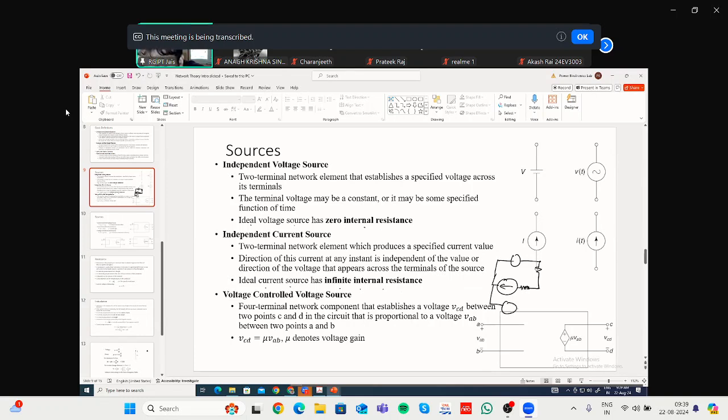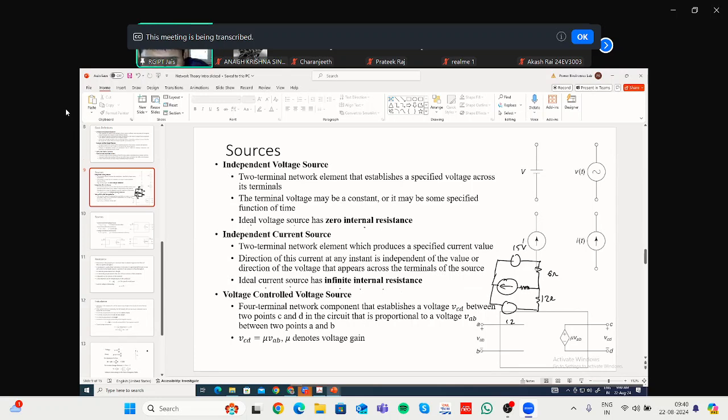Again, there is a voltage source, there is a current source. This is 6 ohm, this is 12 ohm, this is let us say 12 volt, and this is 15 volt. So the question is, why can't we consider a resistance that is connected in series with this current source?